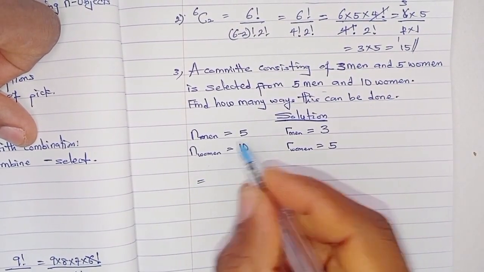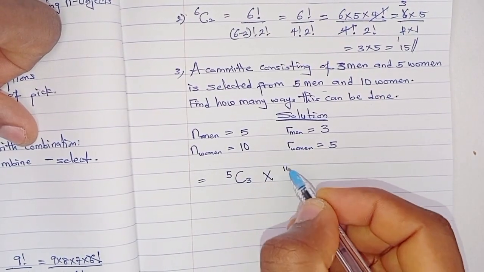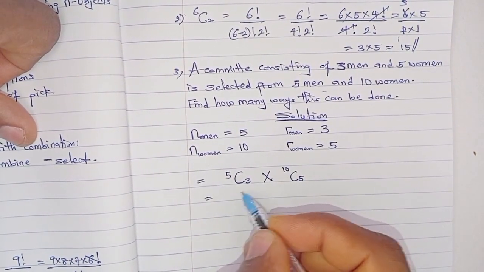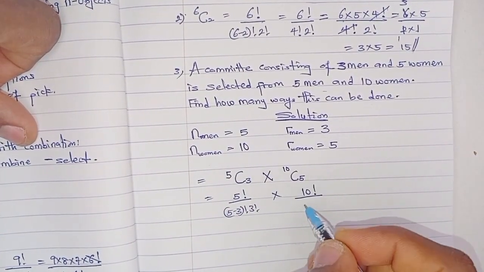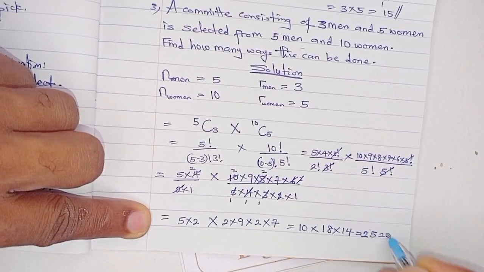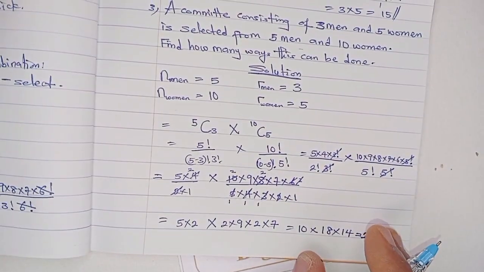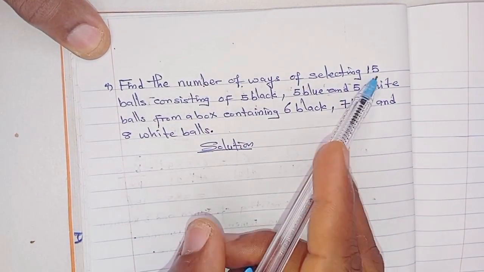That is 5C3 multiplied by 10C5. Applying the formula and expanding each of them as we did in the previous examples, we obtain 2,520.